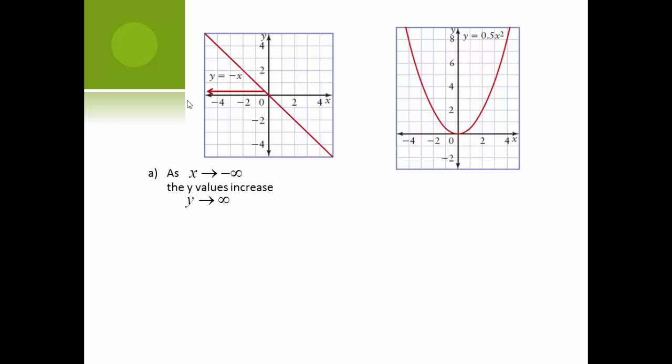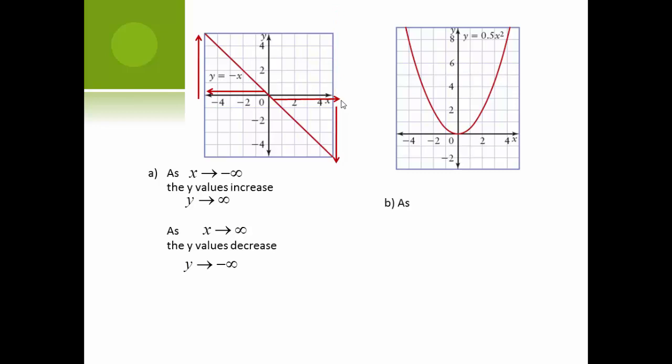As x gets further to the left, y goes further up. And what happens as x approaches positive infinity? As x goes further and further to the right, y is getting smaller. So y approaches negative infinity. As x goes to the right, y is going down.